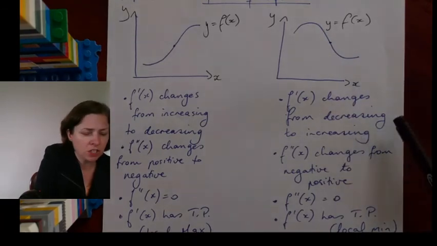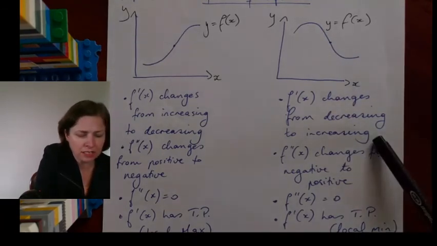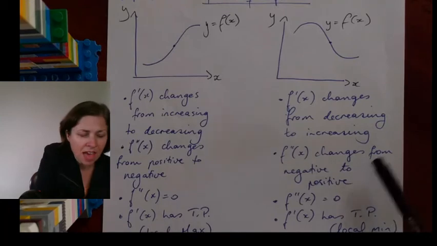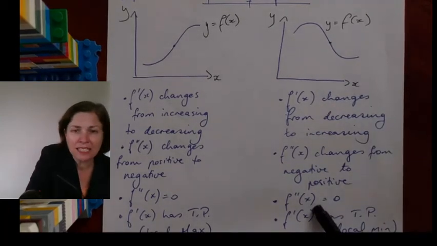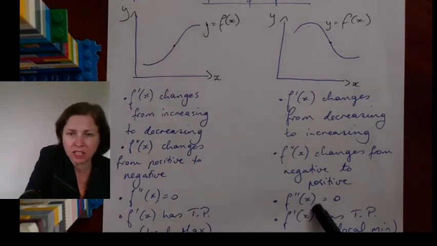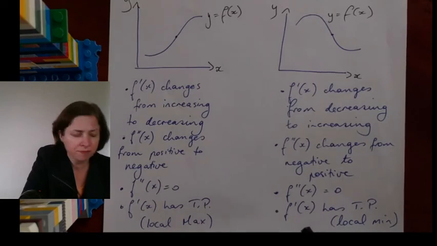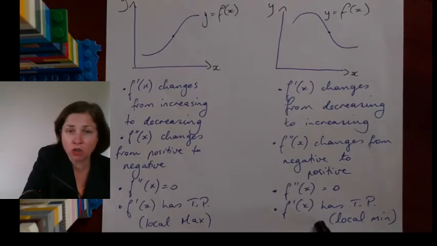So f dash changes from decreasing to increasing. Therefore, f double dash changes from negative to positive, which means that at that point right here, my second derivative will equal 0. It'll be an x-intercept on the second derivative, which corresponds to a turning point, in fact, in this case, a local minimum on my derivative graph.